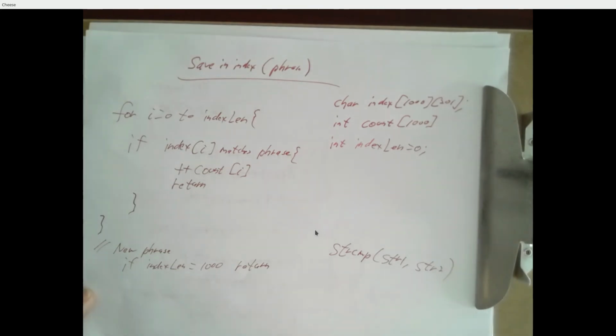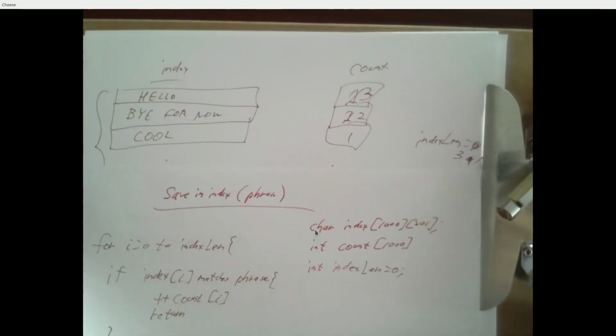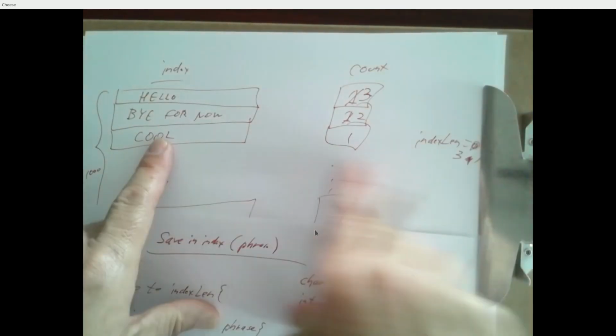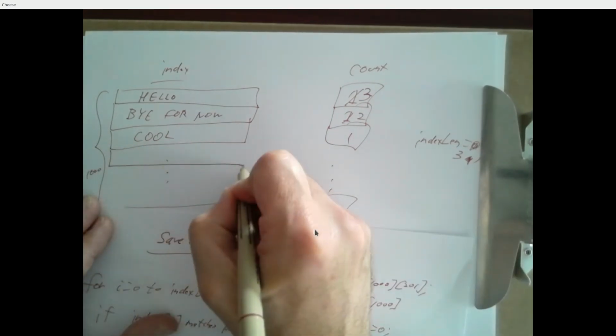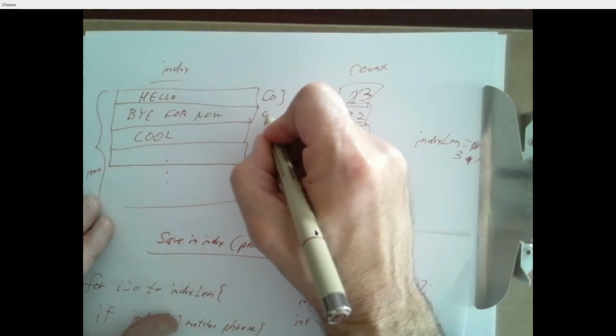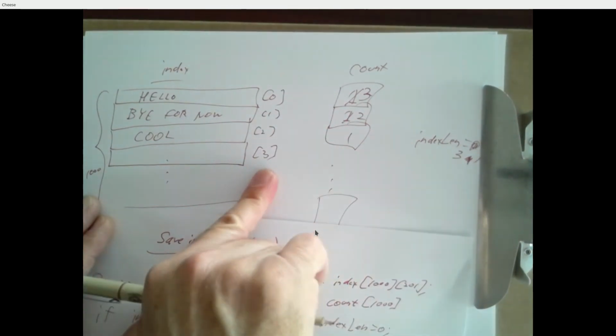Otherwise, we want to store our phrase, so what do we do? Copy phrase to index len, right? And you've got to be careful about the edges here. So with this setup, index len is 3. If we get a new phrase, we want to store it right here at index 3.